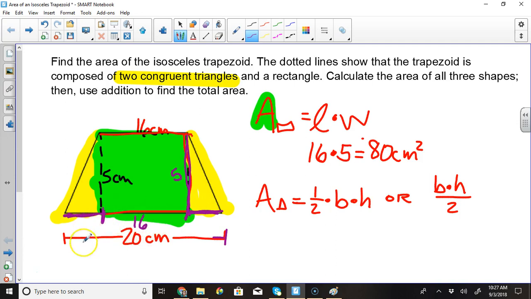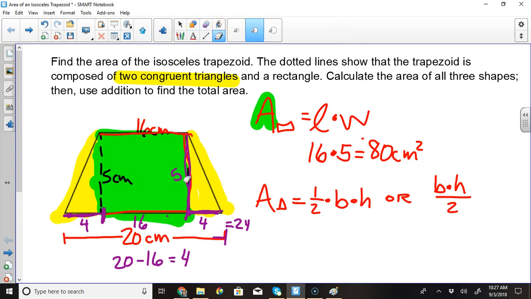Well, the whole thing's 20. If this little part here is 16, if I do 20 minus 16, that's going to leave me with 4. So does that mean that this is 4 and this is 4? No, because 4 plus 16 plus 4 is 24, and this whole thing is 20. So the whole base of the triangle is not 4. What is it?